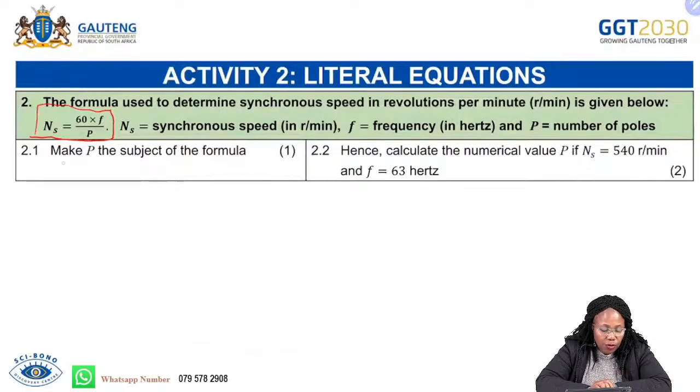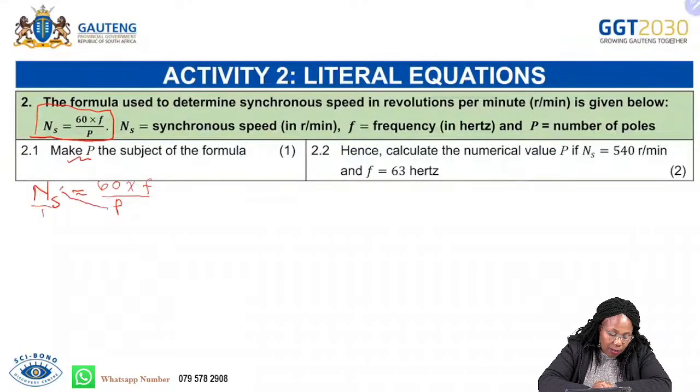Right, now we need to make P the subject of the formula from our formula, and the synchronous speed is equal to 60 times the frequency over the number of poles. And then now, do you see grade 12, the same method? You must check if it's over 1, then you can cross multiply and interchange them by cross multiplication.